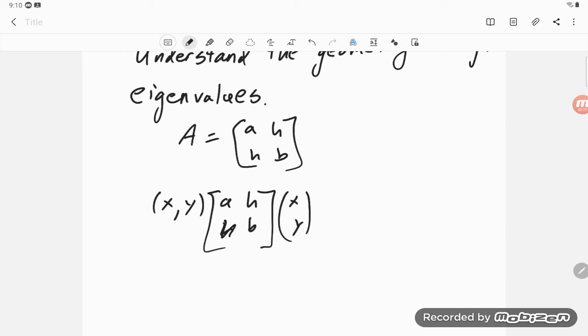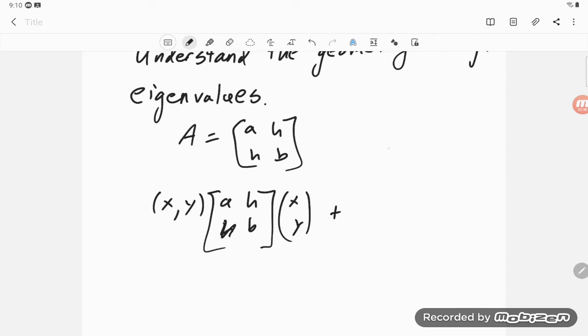And then, similar to what we had with the fractals and iterated function system, we can also have this affine portion.